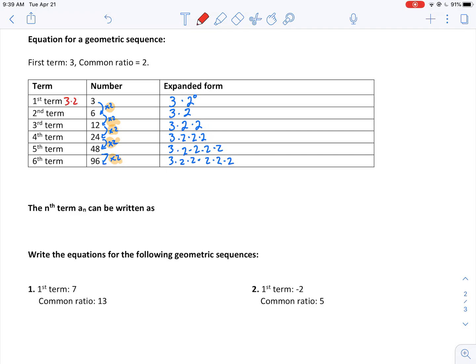All right, so let's see what's happening here. I'm going to simplify all of these. My first term was 3 times 2 to the 0. This was 3 times 2 to the first.